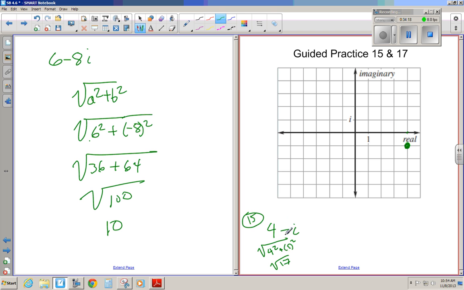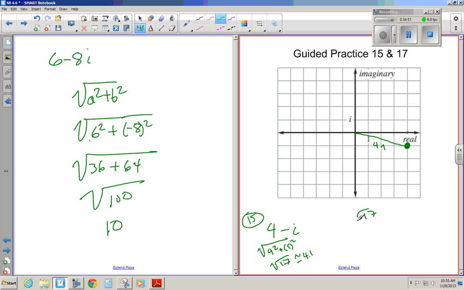Now, the square root of 17 is not a usable distance, so you could say that this is approximately 4.1. So this distance is 4.1 units.